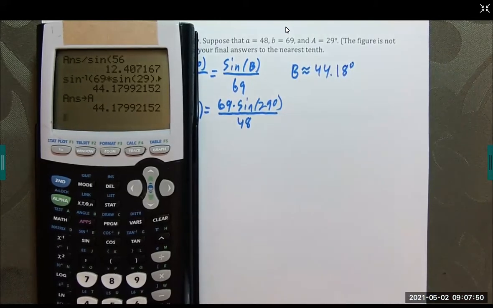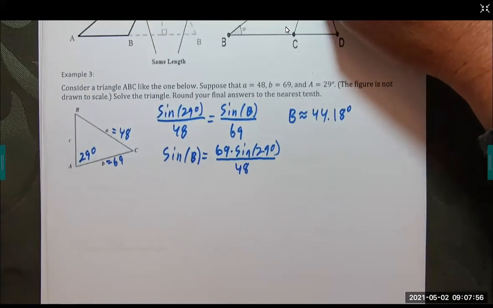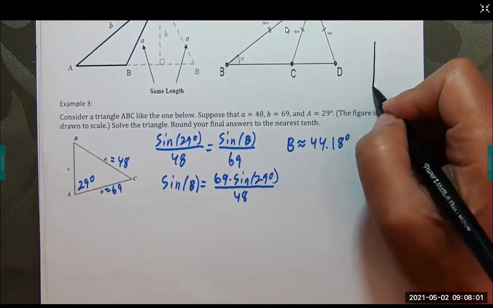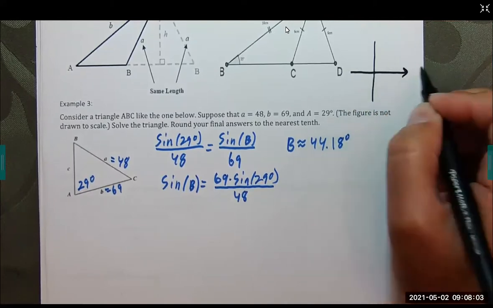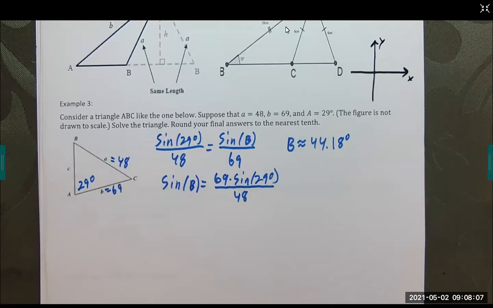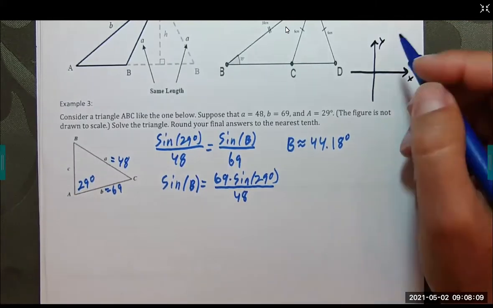That's in quadrant 1. We know that. Here is the problem. Use the space here. Angle B, 44.18 degrees, is here.